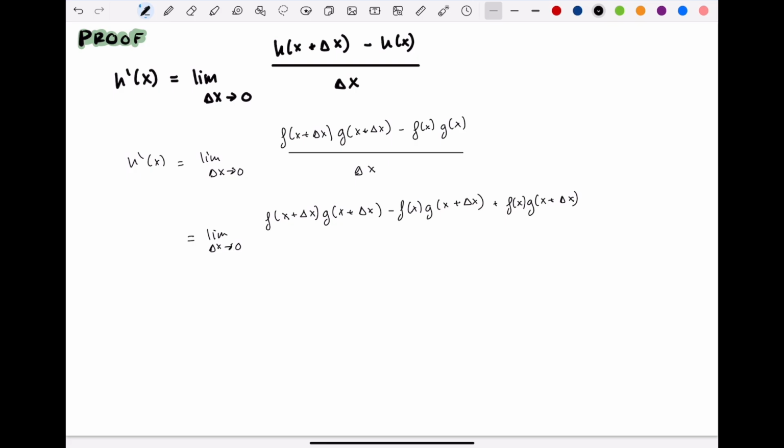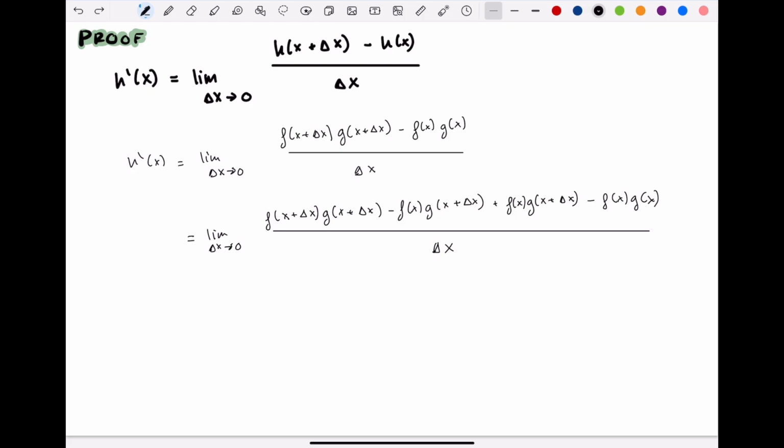Just making sure that we understand, this ends up being 0, so we're not really adding or subtracting anything, so the expression is still the same. And then don't forget the minus f of x times g of x that we have from here. Once again, everything over delta x. So this is just the expression from before, except we have added this middle part, which is equal to 0, so it doesn't actually change the fraction at all.